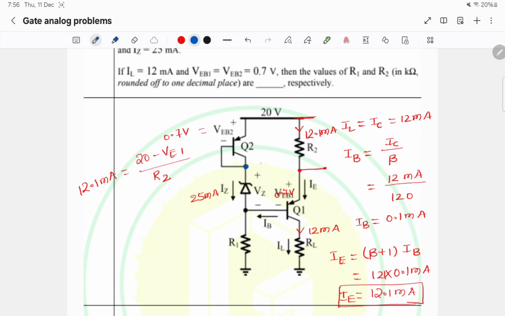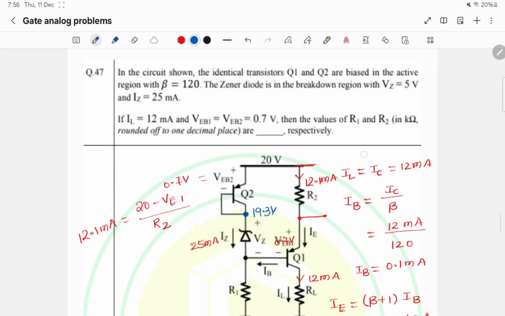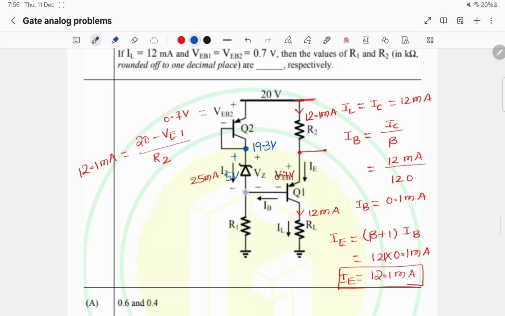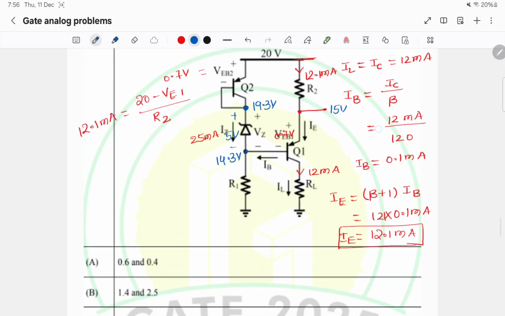So this node potential will be 19.3 volts, and it is given that the Zener voltage is 5 volts. Here we have 19.3 volts, 5 volts drop across the Zener diode. So here it will be 14.3 volts, and VEB of Q1 is 0.7 volts. So this node potential will be 15 volts.